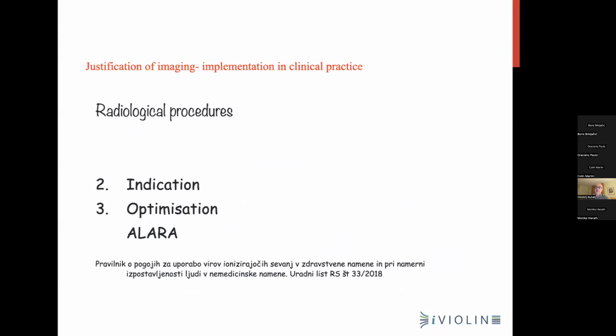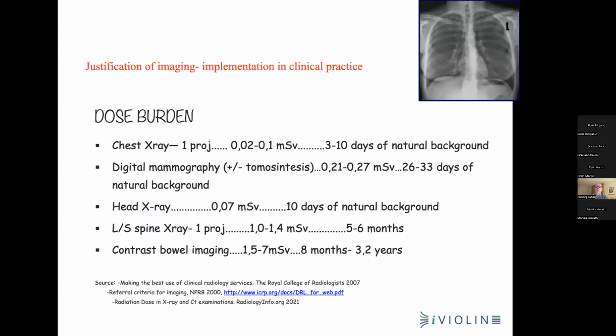Any radiological procedure should be indicated, so it means the patient should have a need for this procedure, and it should be optimized by the ALARA principle. Why is it important? The dose burden of different radiological procedures is very different.